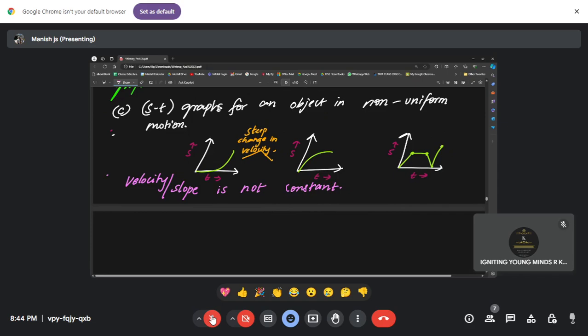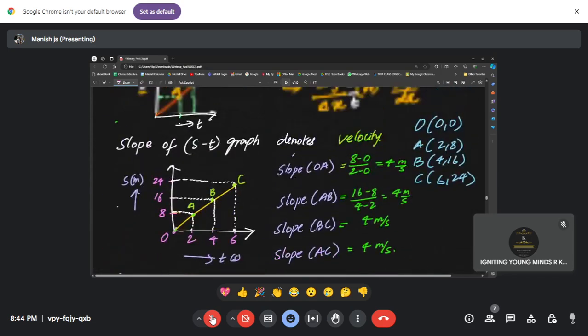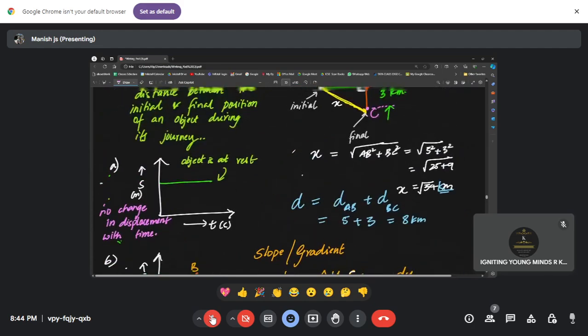For the first two graphs, and for the second graph also, for a particular region it is going to be different. For the first region it's different, second region it is different. So you can see that both the slopes or the velocities for the graphs are not constant. It keeps changing as time progresses. So with that, we finish displacement time graphs.